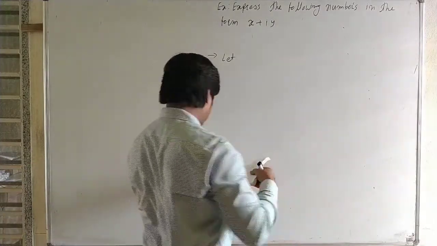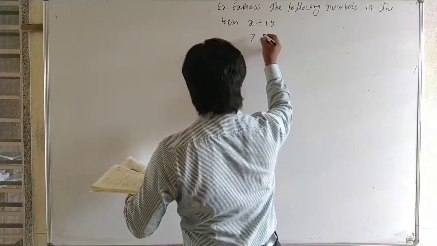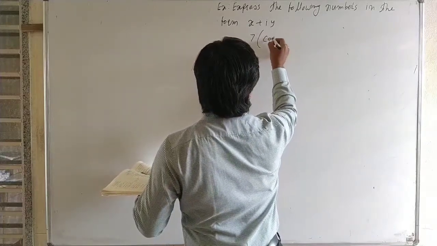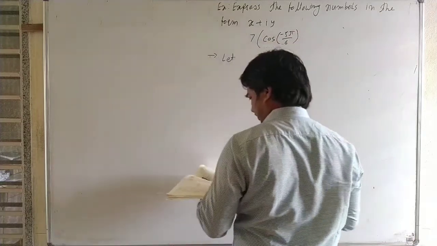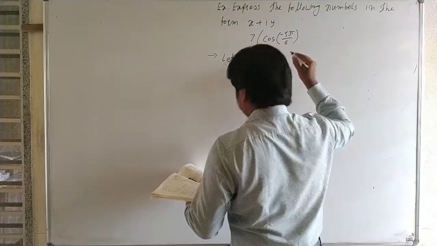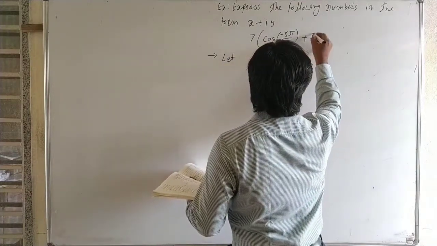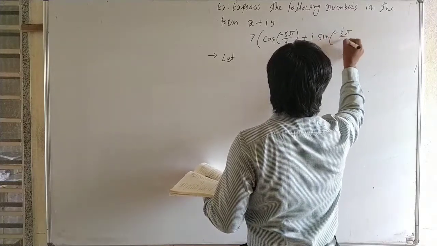Next, 7 into cos minus 5 pi by 6 plus i into sin minus 5 pi by 6.